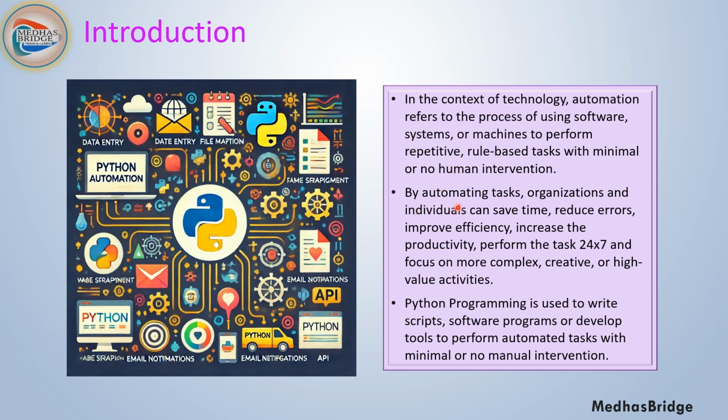By automating tasks, organizations or individuals can save time, reduce errors, improve efficiency and accuracy, increase productivity, and perform the task 24/7 because there is no manual effort required. And we could focus on more complex, creative, high-value activities.